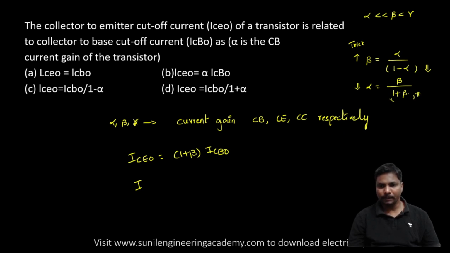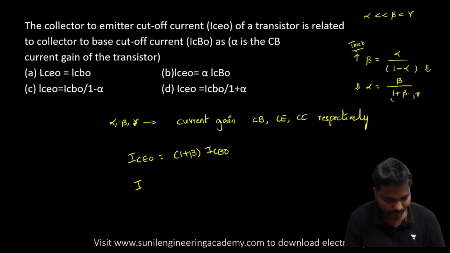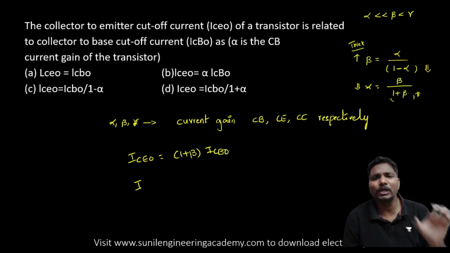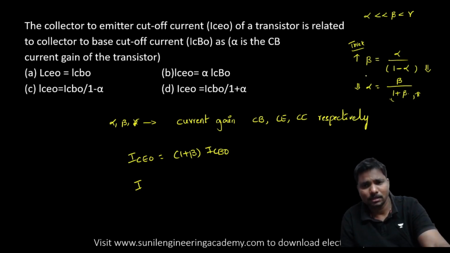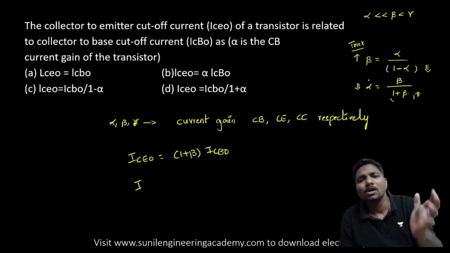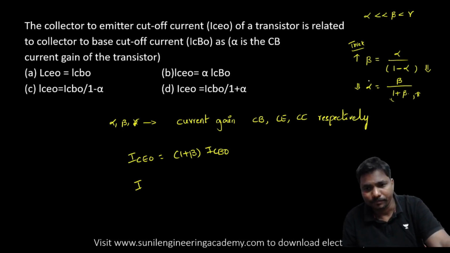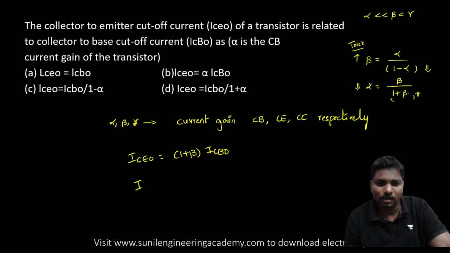So here plus, and for beta, here minus. All of you note down these two tricks. These are very, very important. For beta the denominator is low. Alpha value is less than 1, guys, the current gain in common base. In common base, voltage gain is the highest, current gain is the lowest, that is less than 1. Okay, all of you clear?